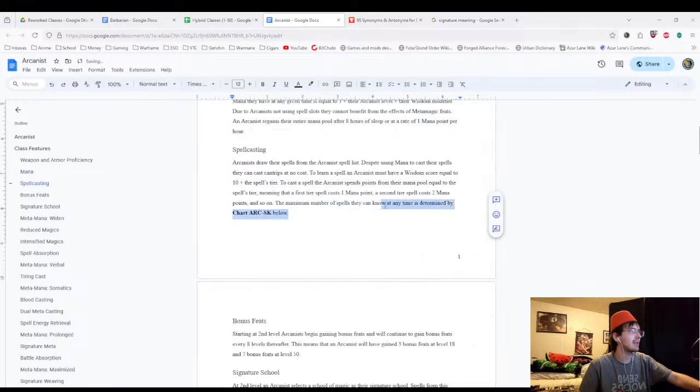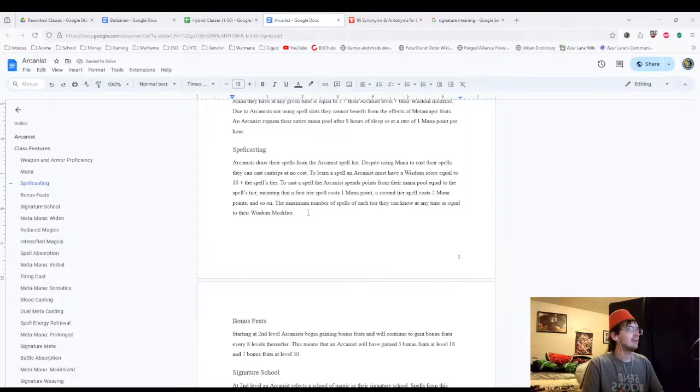But the maximum number of spells they can know at any time is equal to... spells of each tier they can know at any time is equal to their wisdom modifier. Wait, because you need a 9 in order to even... Okay, yeah, it's equal to their wisdom modifier.